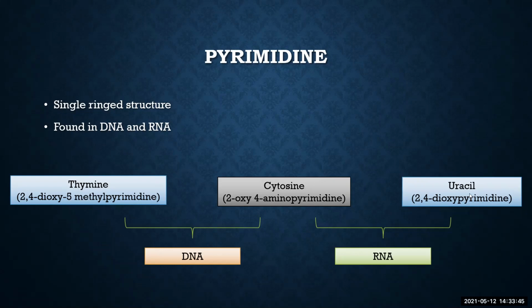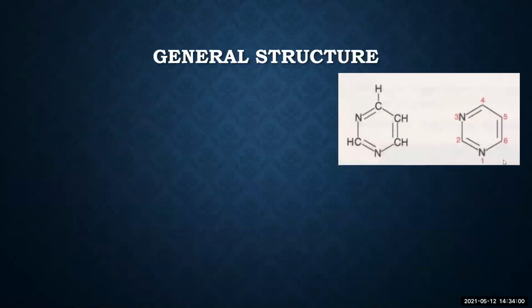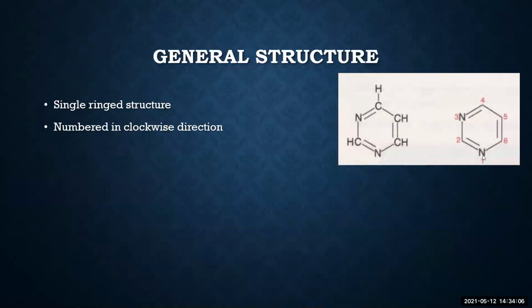Thymine and uracil are structurally similar, the only difference being the presence of a methyl group on the fifth position in thymine, but uracil does not have the methyl group. So continuing on to the general structure, again it is a single ring structure, and it is numbered in clockwise direction. Unlike purine, which was numbered in anti-clockwise direction, pyrimidine is numbered in clockwise direction.